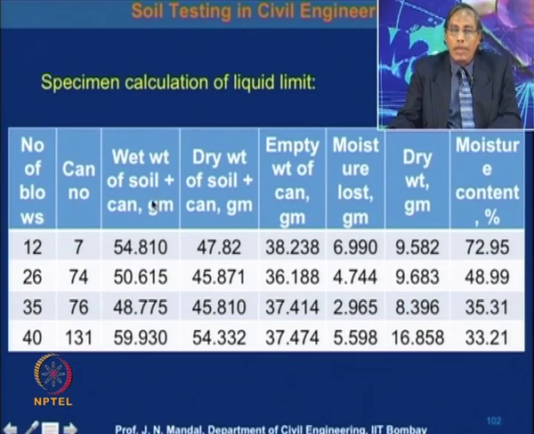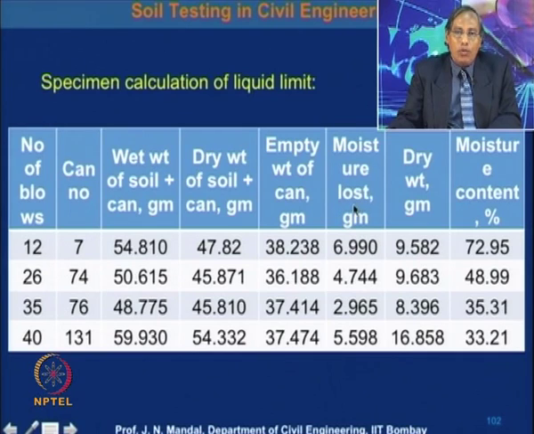Then after drying the soil, you take the dry weight of the soil and the can in gram. You can see 47.82, 45.871, 45.810, 54.333. You know the empty weight of the can. This is 38.238, 36.188, 37.414 and 37.475.